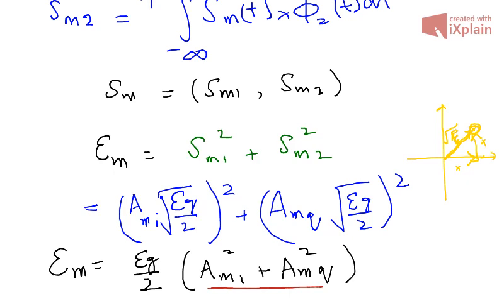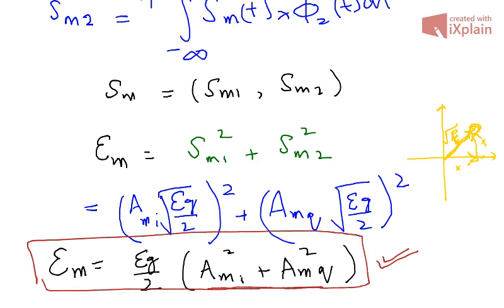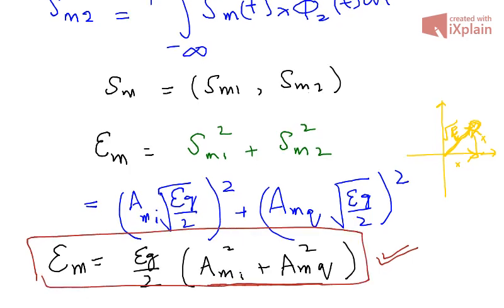So we can always find the energy from here. You can also verify it directly from your waveform. If you square it and integrate it, you will get the same expression for the energy. So this is the expression for energy of the QAM signal waveform.